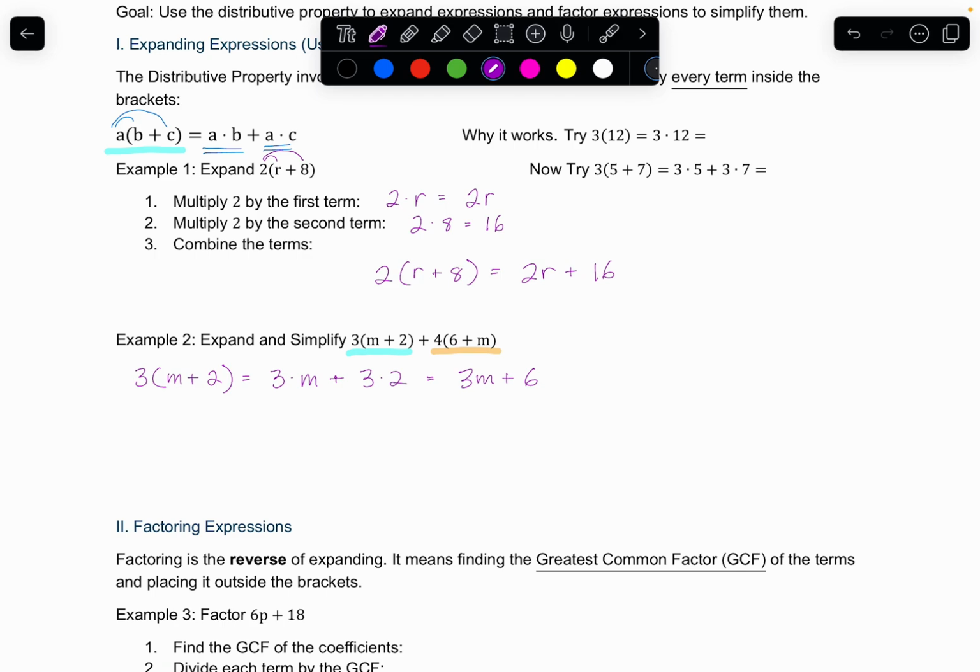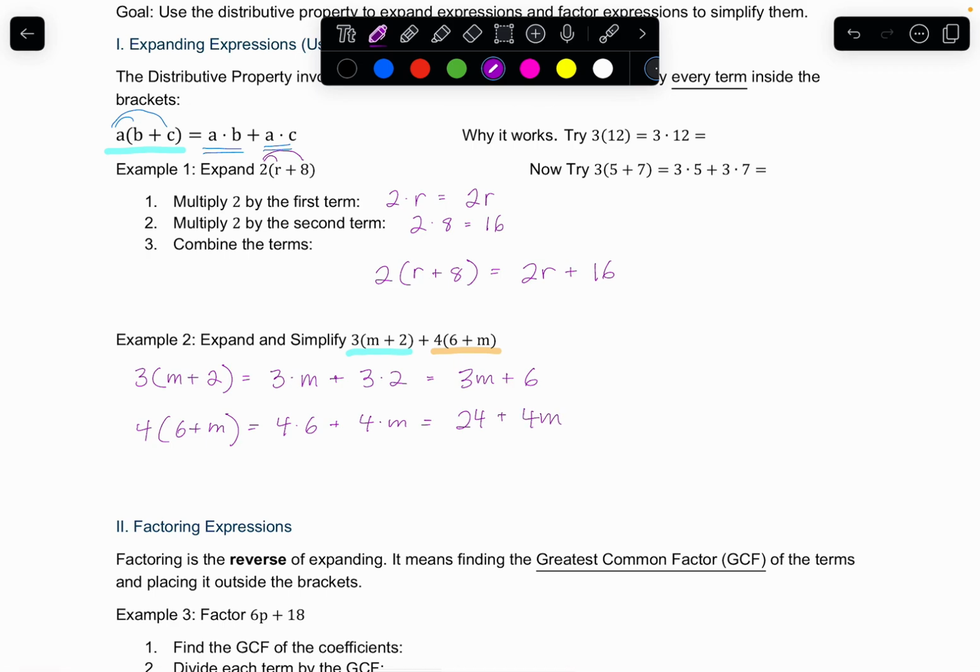Now let's do the other one. 4 times 6 plus m is equal to 4 times 6 plus 4 times m. And when we do this math, we get 4 times 6 is 24 plus 4m.